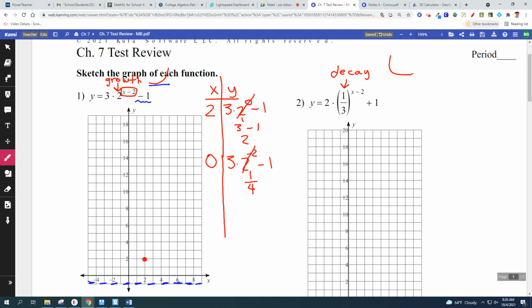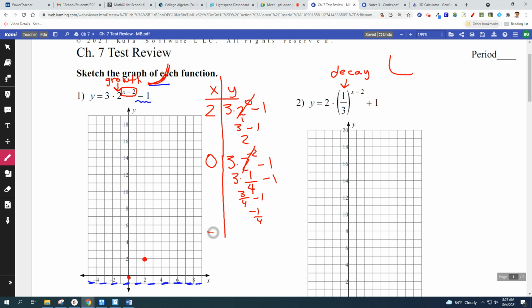It's 1/2 squared, it's 1/4. So I have 3 times 1/4 minus 1. That's 3/4 minus 1. That's -1/4. 0, comma, -1/4 is right there. So that's going to look like what I thought it was going to look like. It's going to look like this, right? So you can do more points if you need to.